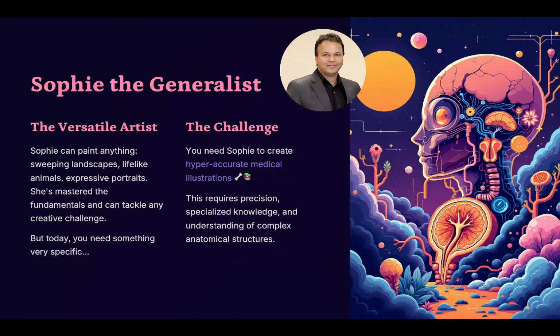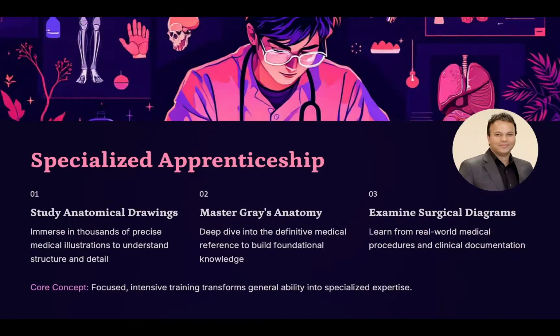So if you start asking her to start drawing a painting of some surgical tool that she is not aware of, she might conceptually do something. But what if we train Sophie to learn everything about anatomy and surgical instruments and diagrams and medical concepts and everything? Now she can become a specialized medical painter, right? Or a medical sketcher or a diagrammer.